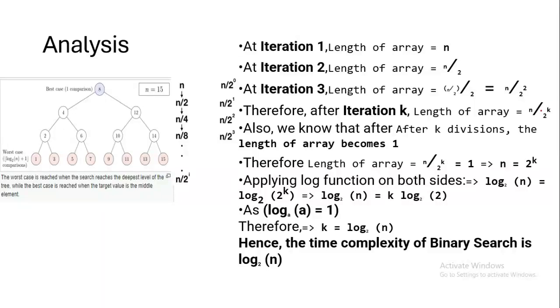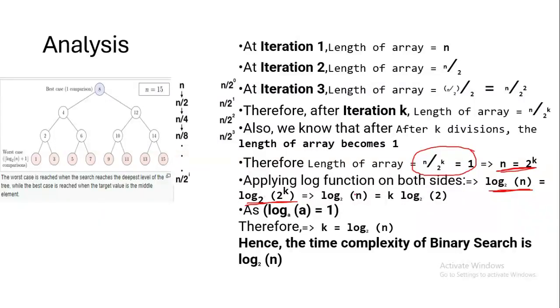As after the kth iteration the size becomes 1, n divided by 2 raised to k is equal to 1. This can be represented as n is equal to 2 raised to k. Now we apply the log function to both sides of this equation. So the equation becomes log to the base 2 of n, equal to log to the base 2 of 2 raised to k.